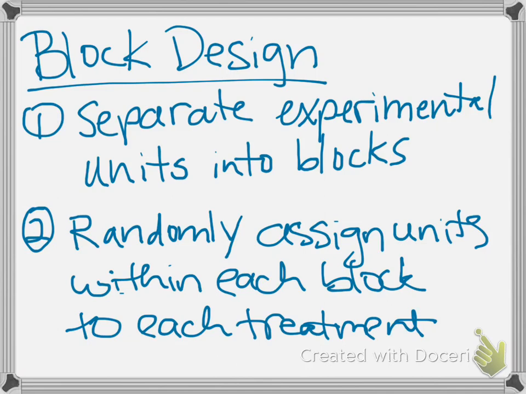Within each block, you're going to randomly assign each of the units in that block to each of the treatments. So each block is going to get the same treatment. You're not going to vary that. The only thing that's varying is that you are splitting them up into the various blocks. So this is a bit like the stratified random sampling that we talked about in the last section.